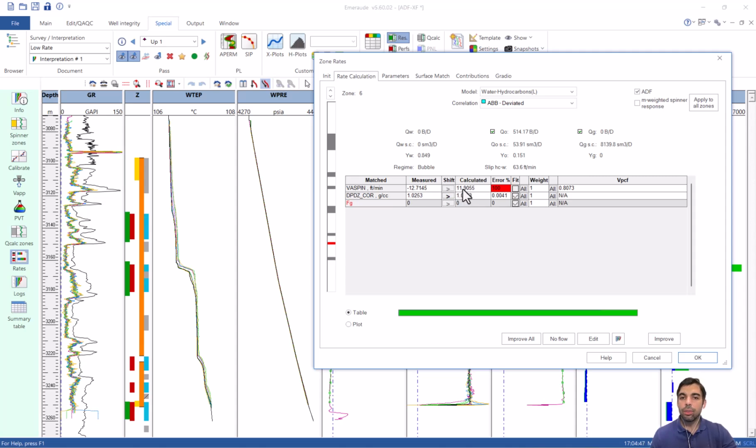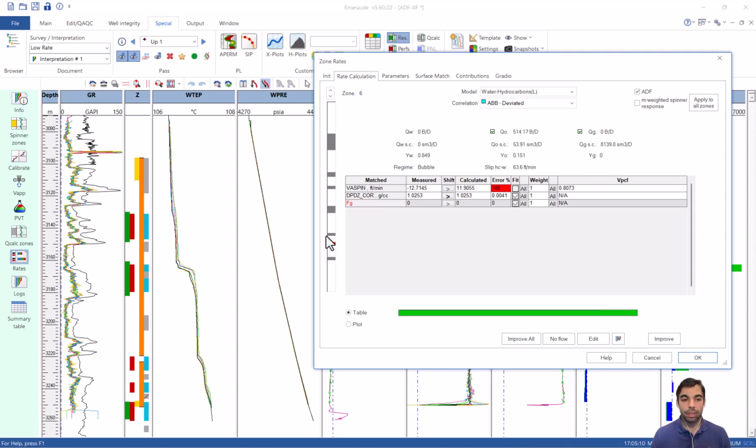So what is Emeraude doing? Well, it's ignoring the spinner completely. The spinner cannot be used, right? And is using a multi-phase flow correlation to compute the slippage velocity, and assuming that the water is not moving, is calculating the light phase velocity, okay?